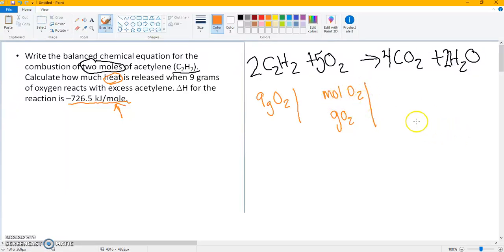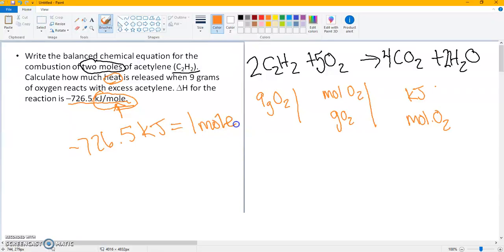Then, once I'm in moles, I can go directly from moles of oxygen to kilojoules because I have the relationship right here. Negative 726.5 kilojoules is equal to 1 mole. Alright, so now that I know that, I can do what I usually do. 36 grams, I get this off the periodic table, that's equal to 1 mole.